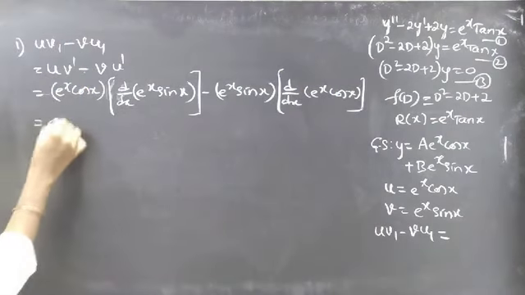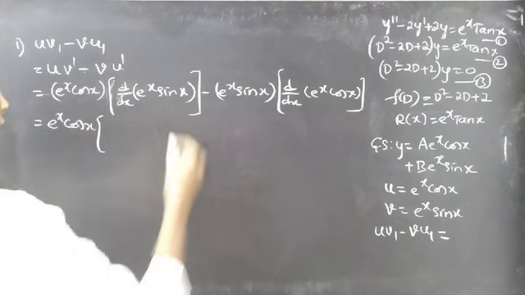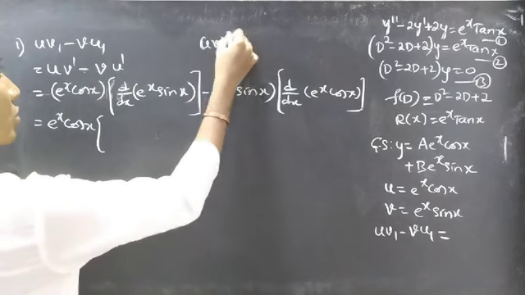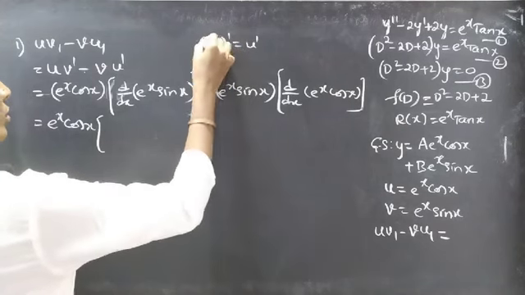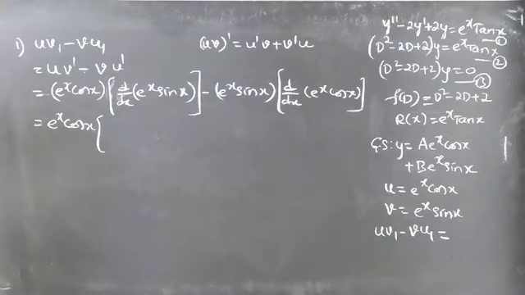is equal to e power x cos x into, here we are going to apply the uv whole dash formula, which is equal to u dash v plus v dash u, right?